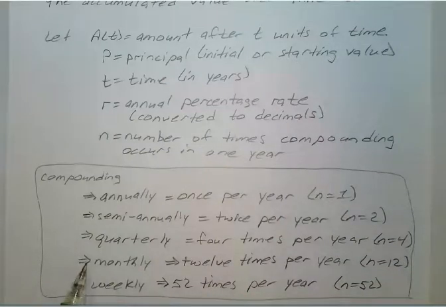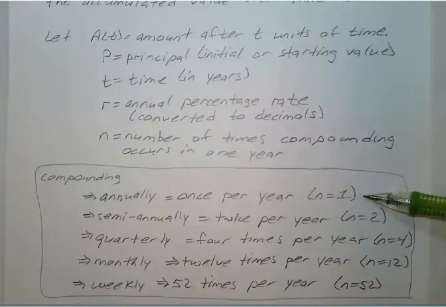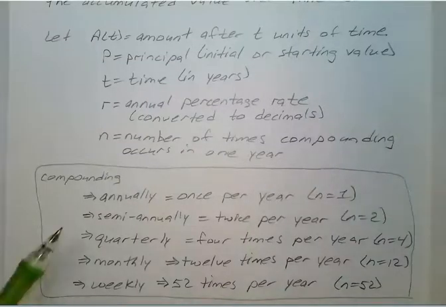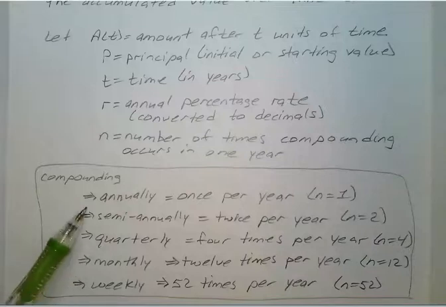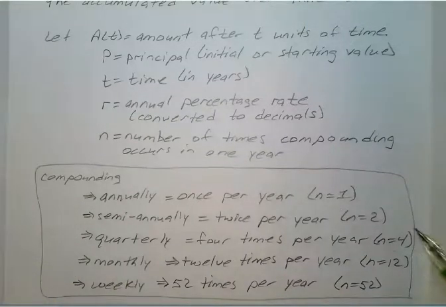If it says monthly, then it's compounded 12 times per year, and your N will equal 12. If it says weekly, which is 52 times per year, then your N will equal 52. Sometimes they will give you the N value, and sometimes they'll give you one of these terms where you have to figure out which N value it will equal.